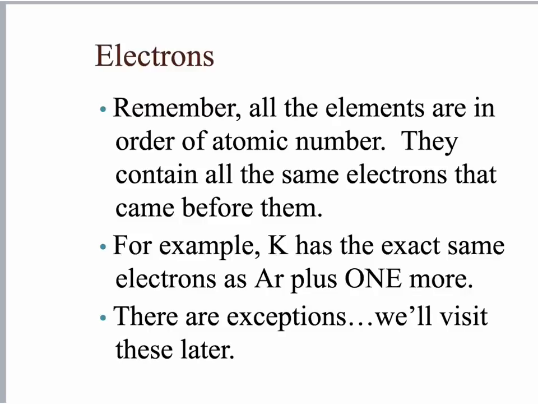So basically what I'm saying is, when I talk about the quantum numbers for potassium, I'm not just talking about potassium's one electron, because potassium has a lot more than one electron. There are exceptions to this, but we're going to visit those later.